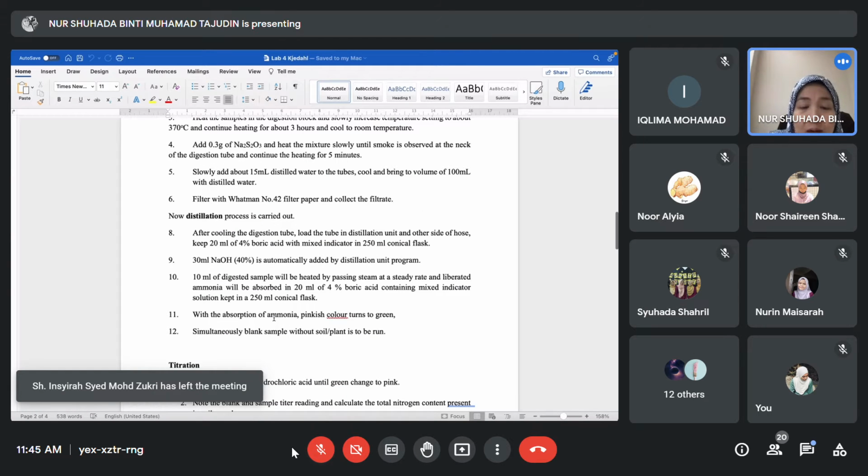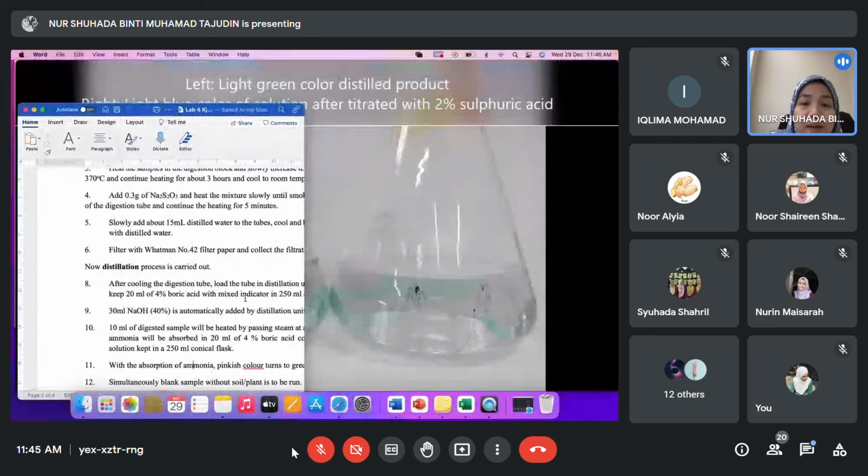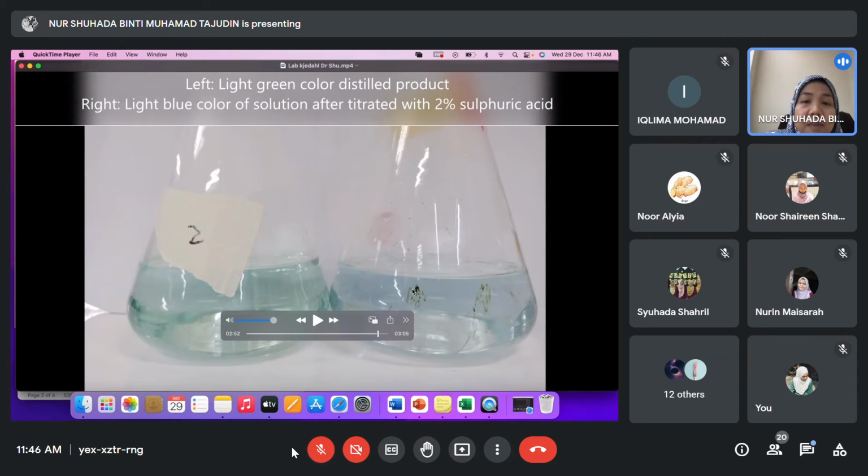Indikator ni akan tukar daripada warna ammonia from pinkish color turns to green. Macam tadilah, daripada pink kita dapat warna hijau macam ni. Yang ni kita pakai indikator lain. Setiap indikator dia berbeza-beza warna color dia.